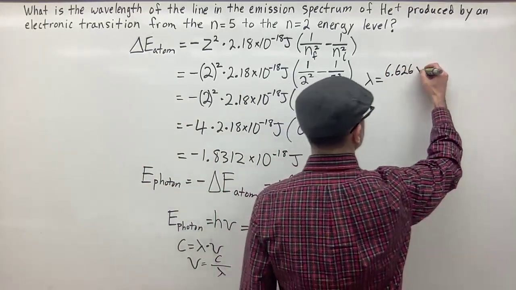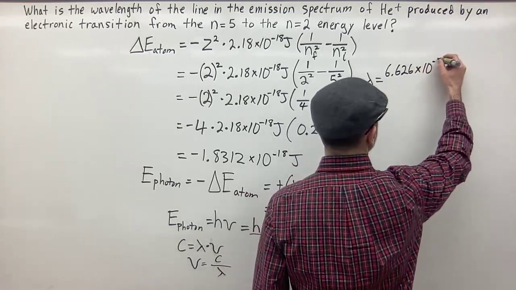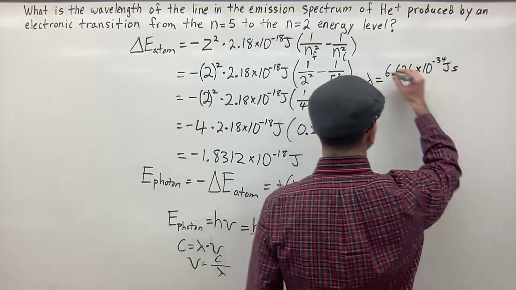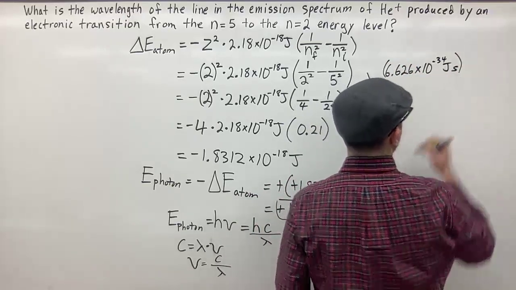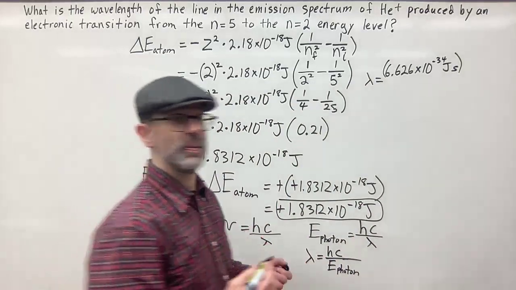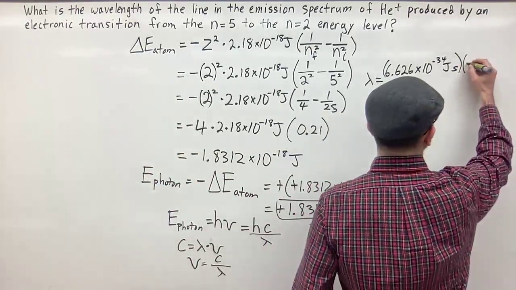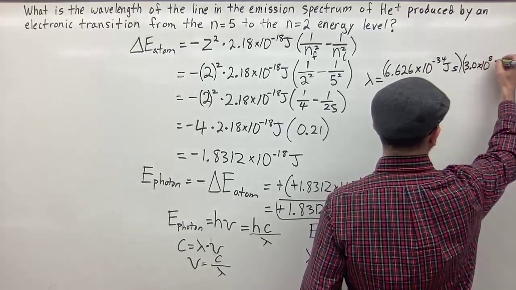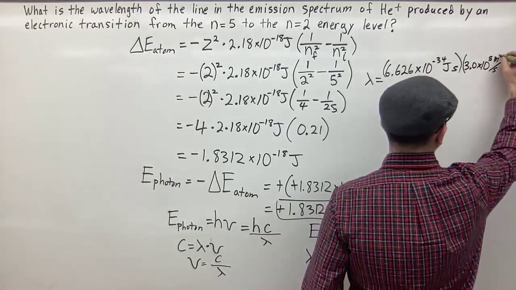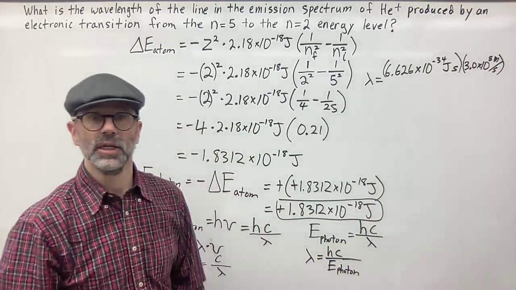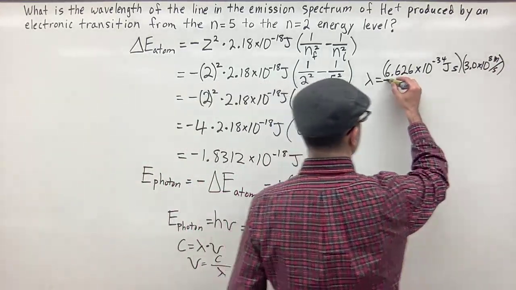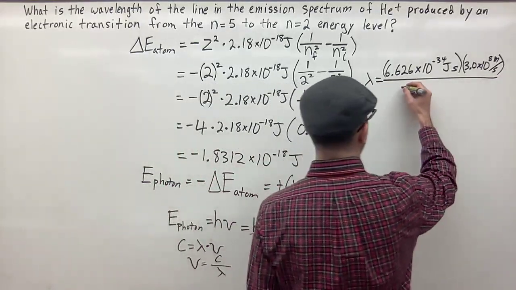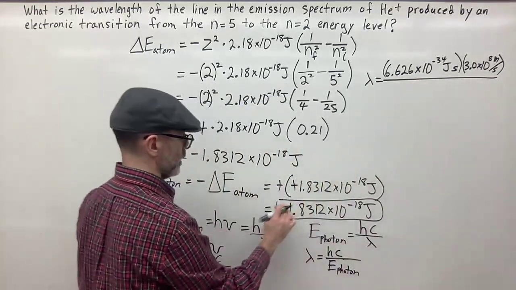6.626 times 10 to the negative 34 joule seconds multiplied by the speed of light, which is going to be 3.0 times 10 to the 8 meters over seconds divided by the energy of the photon, which I got here.